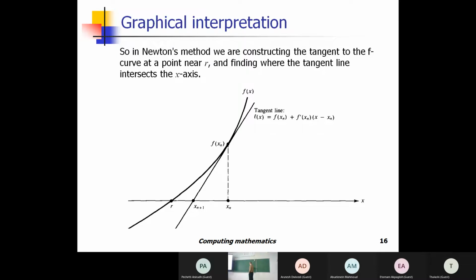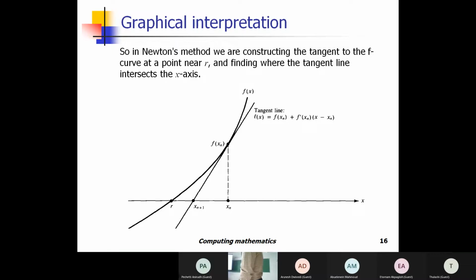I take the point xn plus 2 as the point of intersection of this new tangent line and the zero line. After that, I can compute xn plus 3, xn plus 4, and so on.